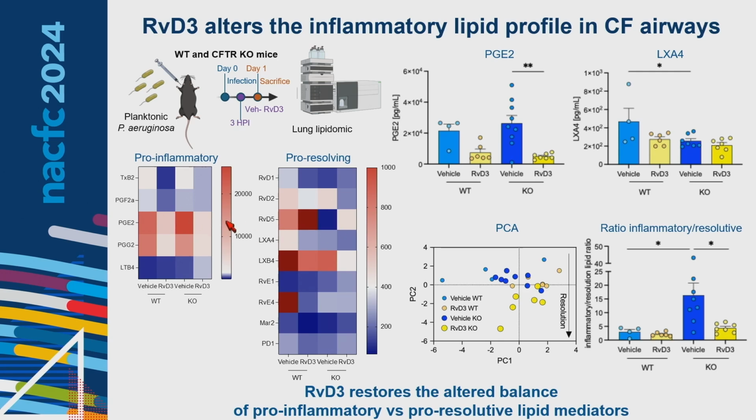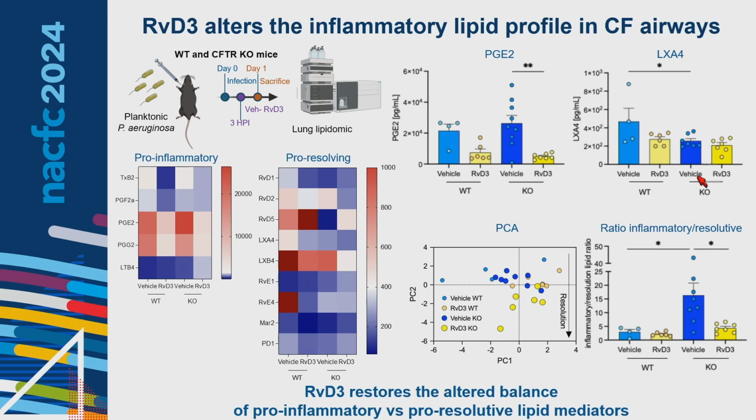As you can see from this heat map, but more clearly from the representative histograms reported here, what we found initially is that the absence of CFTR is linked to a reduced production of pro-resolving mediators, including lipoxin A4, as you can see here, thus suggesting that the basic CFTR defect is associated with a poorer resolution of inflammation.